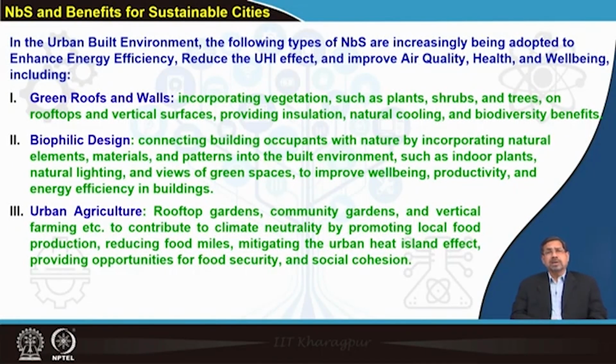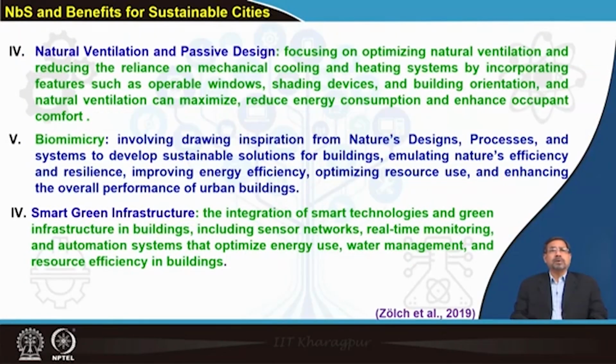All of this contributes to climate neutrality by promoting local food production, reduced food miles, mitigating the urban heat island effect, and thereby providing opportunities for food security and social cohesion. So, these are very important.